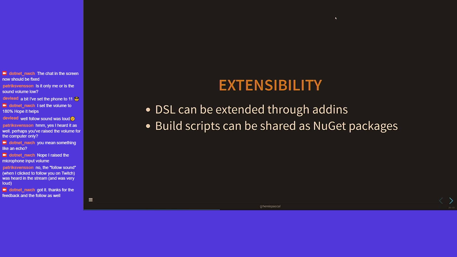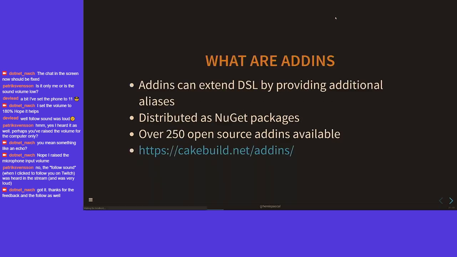So if you have some kind of build script which you want to use in your 100 repositories, you can create a simple build script which just consumes another build script which is packaged as a NuGet package, and the build script in the repository is then fairly simple. Maybe just one line of code which calls the script which is in the NuGet package, which allows you to share this and easily maintain this over a lot of repositories.